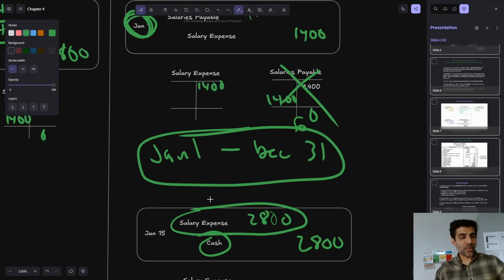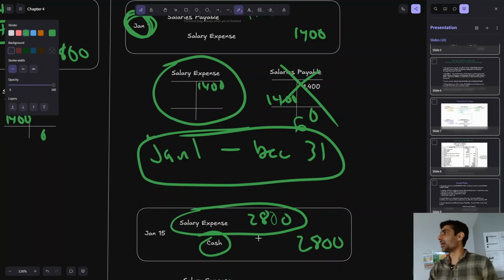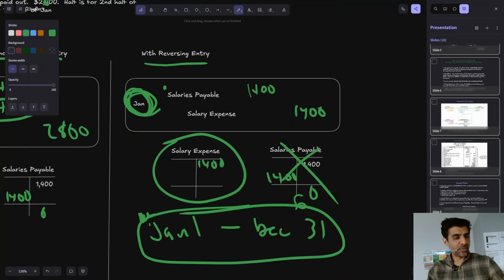But on January 31st, if this was your income statement, it would still have this as your salary expense, so it will still work. It will still work even if you're not doing closing entries. It will still work in that software system, because again, it's just looking at the dates of your cutoff, right? So this is January 1st, so it will be included if you did this as your period for your income statement.